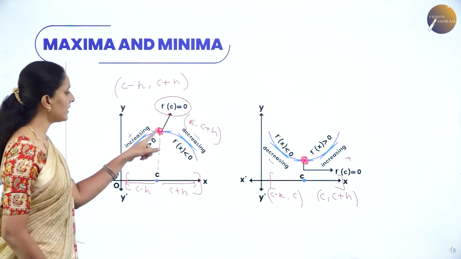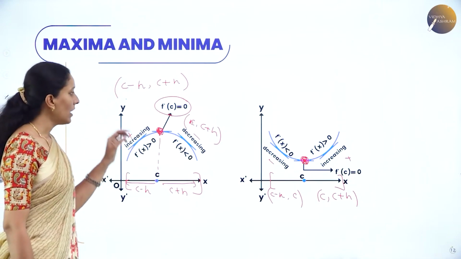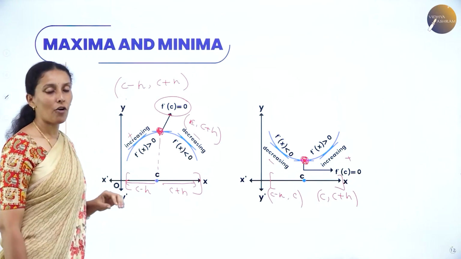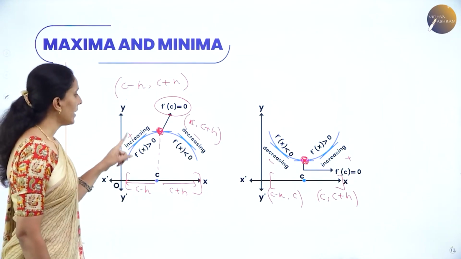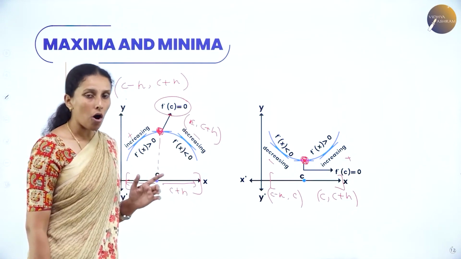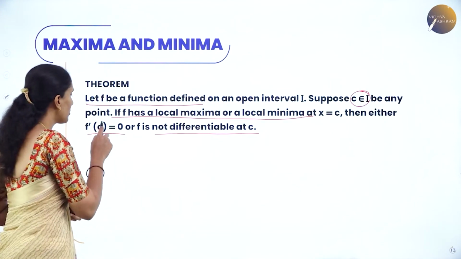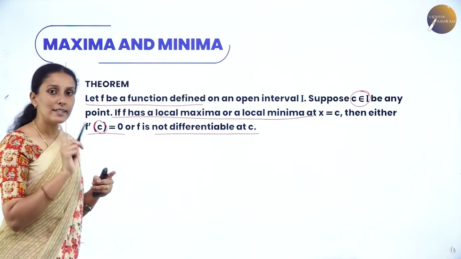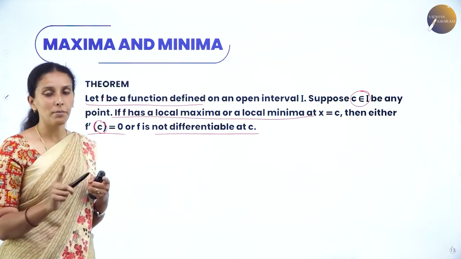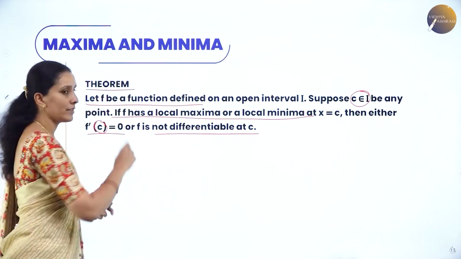That is, if f dash of c is equal to 0, then c must be either local maxima or local minima. So this is the statement of this theorem.